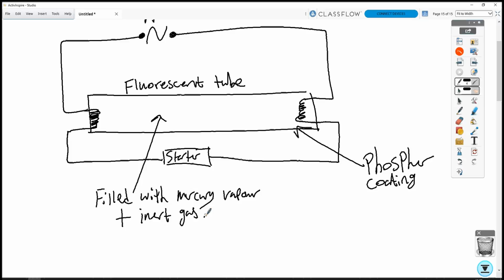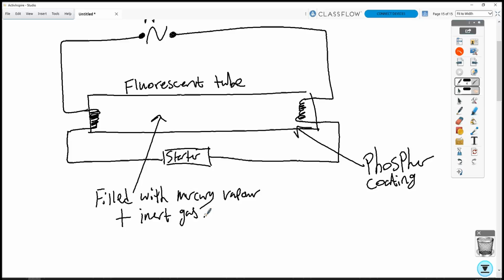Initially, when a current passes through this circuit, we start from the supply, go around to the filaments, around to the starter, around back to the other filament, and then back to the end. When a current flows in a circuit, those filaments will heat up, and the starter will also heat up to an extent. The starter is a special kind of switch where when it begins to heat up to a certain level, it actually switches off. So it's more like a thermal switch.